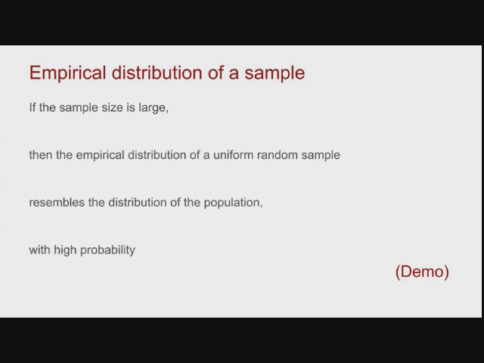Okay, so what this is telling us is that we wanted to make sure that we have a large enough sample size. And then if we do a uniform random sample out of it, we can get a distribution that will look very much like the population with high probability. And that can help us if you don't have access to the population itself, this can help us approach that.